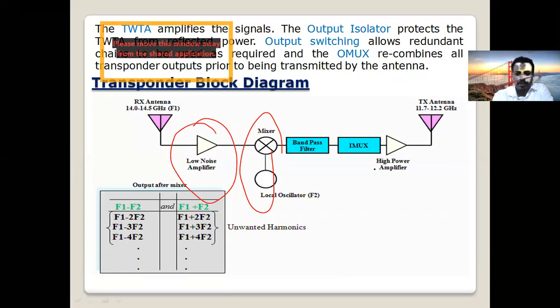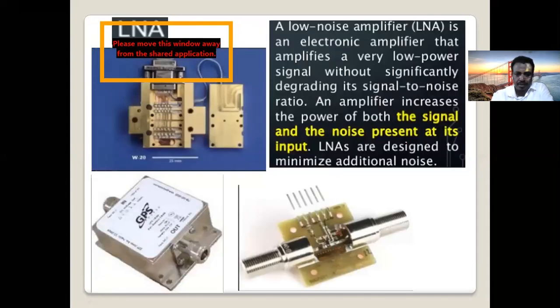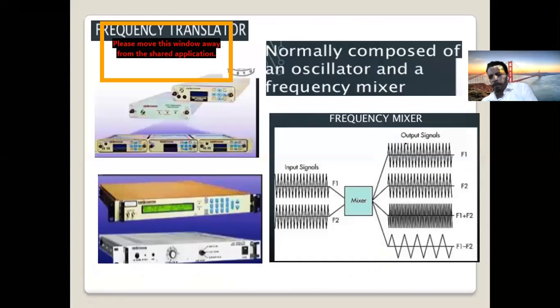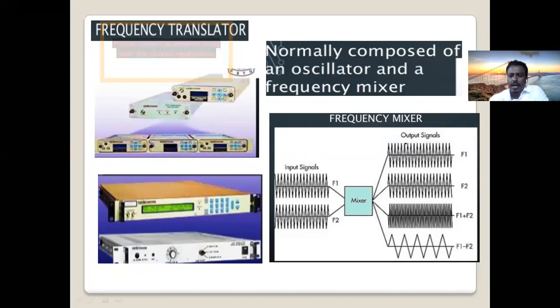Another very important device is the high power amplifier, because when a signal is transmitted from the ground, it travels thousands of kilometers and the signal will be weak. This very weak signal must be amplified using a high power amplifier and retransmitted back to Earth.